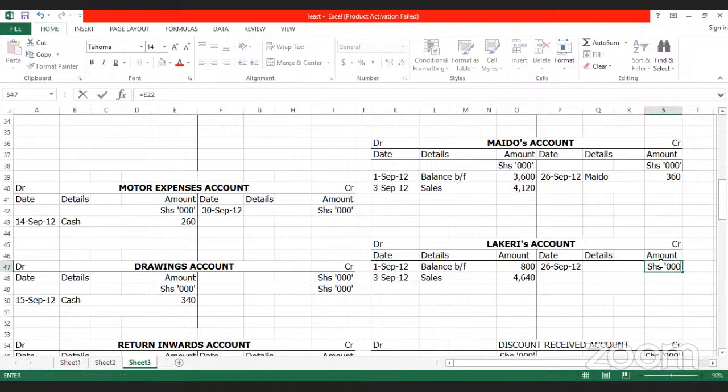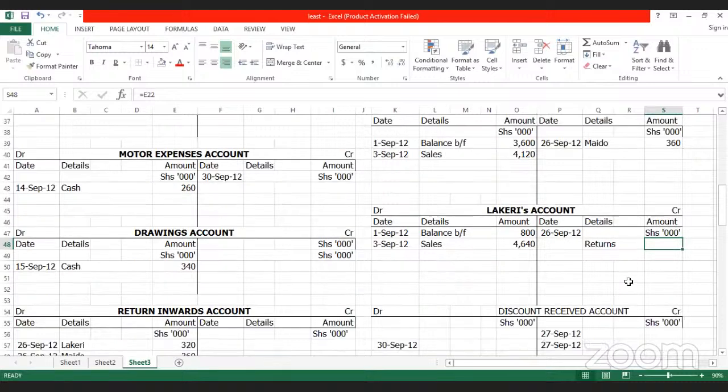These are returns, those of 320 Lakeri. Okay, 320.